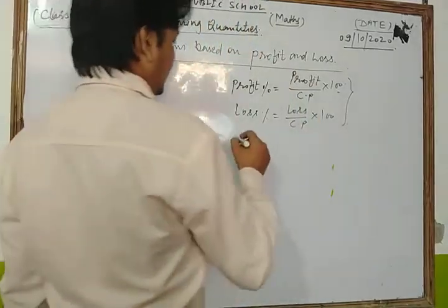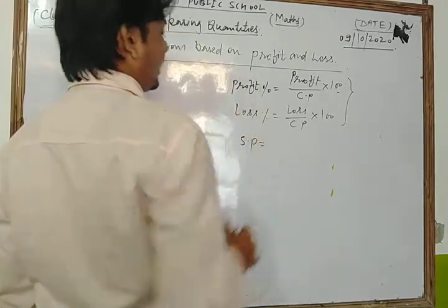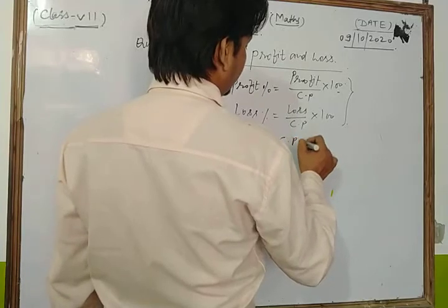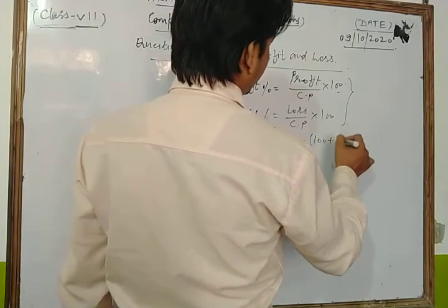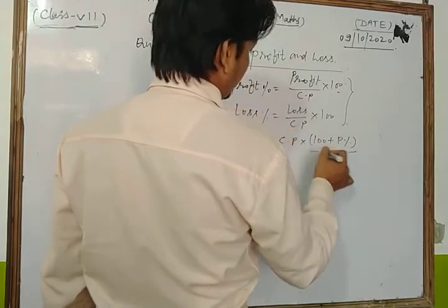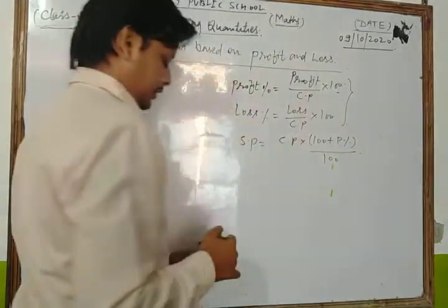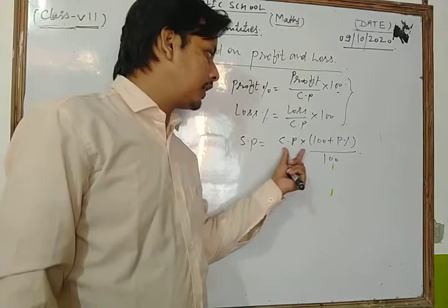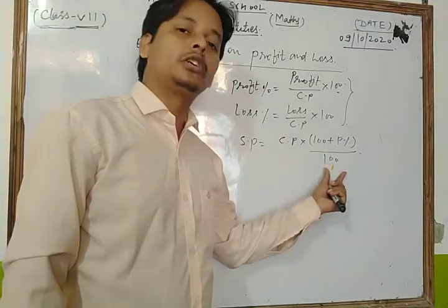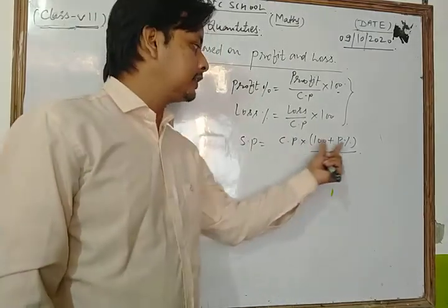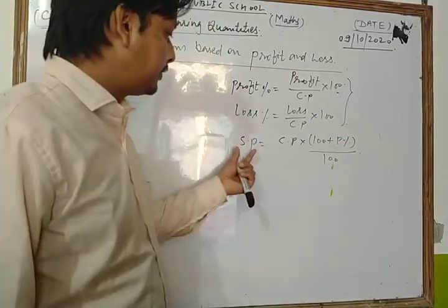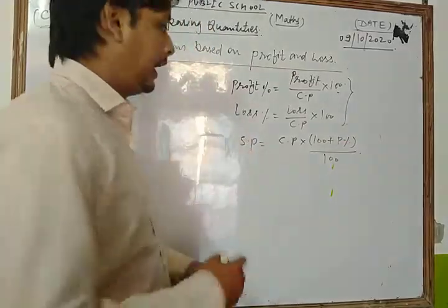And the second important formula I discussed is the selling price of an object. The selling price of an object is equal to cost price into 100 plus profit percent upon 100. When cost price and profit percent are given, in that condition we apply this formula.